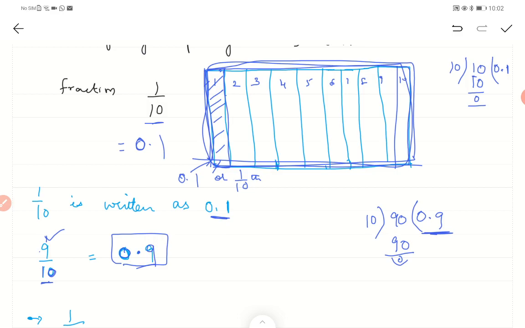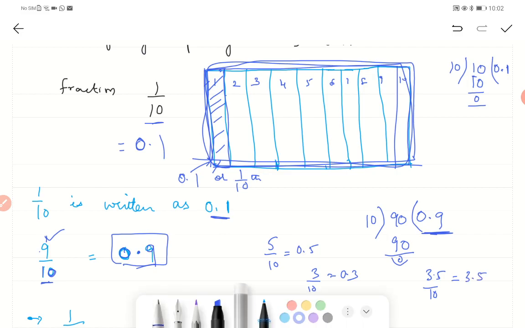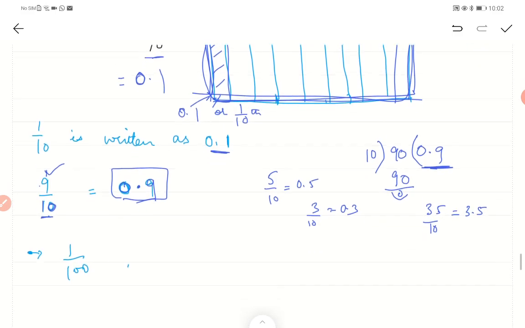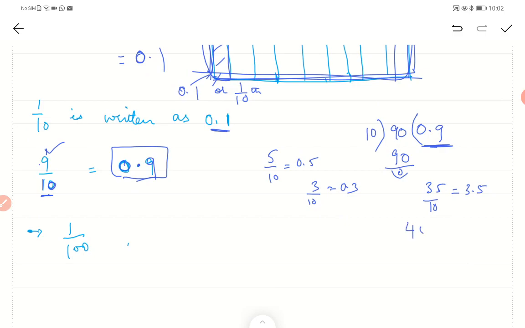Okay, any number you take. 5 by 10 you will represent as 0.5. 3 by 10 you represent as 0.3. Okay, if you have 35 by 10, after one digit you will place a point, so my answer will be 3.5. Okay, I hope you're getting the point. So let me take a few more. If I have 45 by 10, then it will be 4.5. So from here you need to count digits.